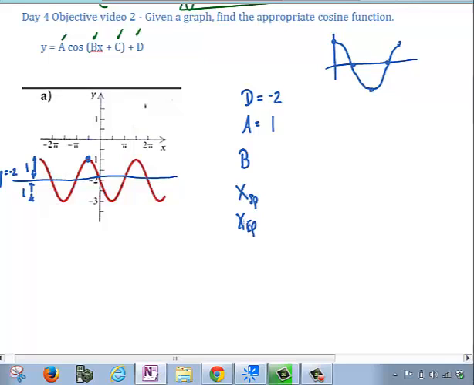So we're going to pick negative pi over 2 to be our starting point for the cosine function. At 3 pi over 2, that would be this mark right in between pi and 2 pi, or 1.5 pi. That's my ending point.